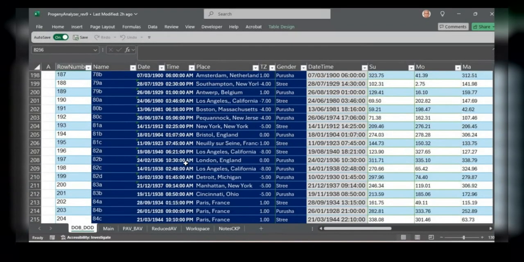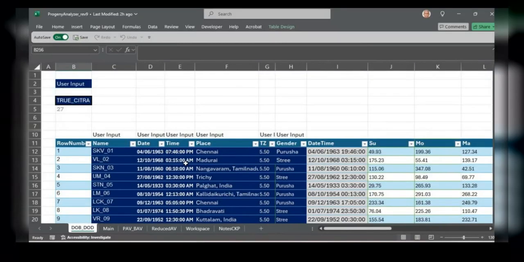So here is the file where, as before, you choose the Ayanamsa. All these colored items are the user inputs. You give the name of the person, date, time and place, the time zone, and also the gender. In the gender you have to select whether it is a Purusha or a Stri.